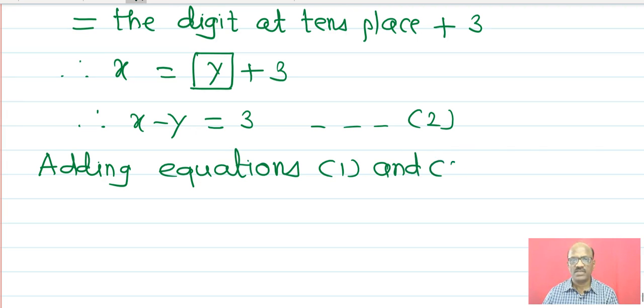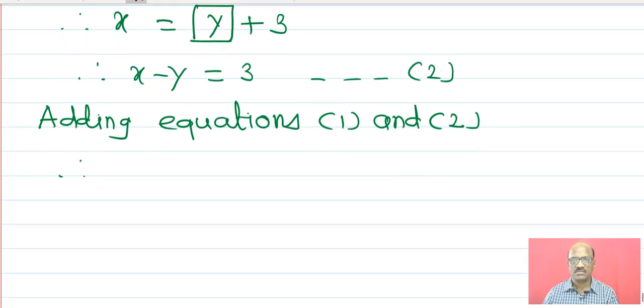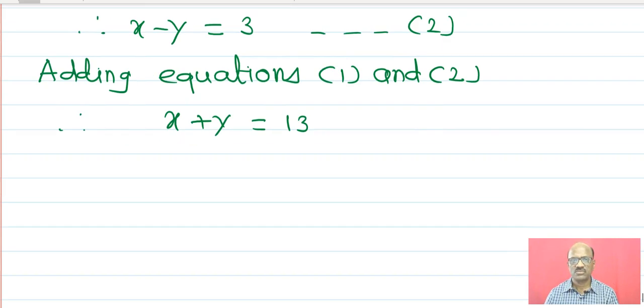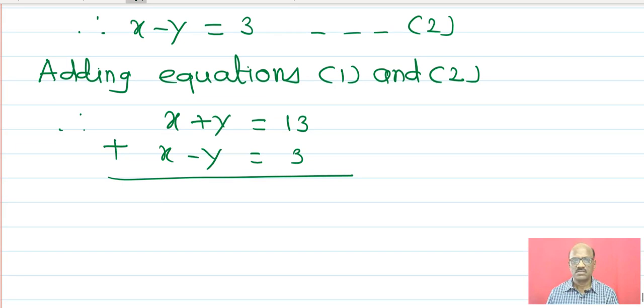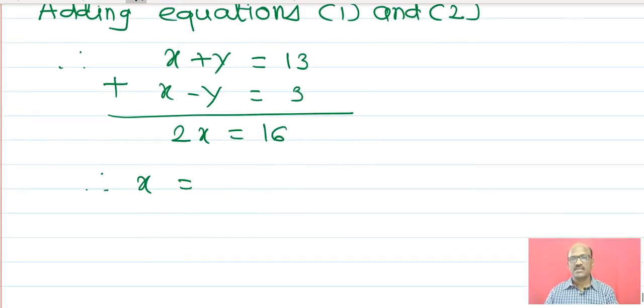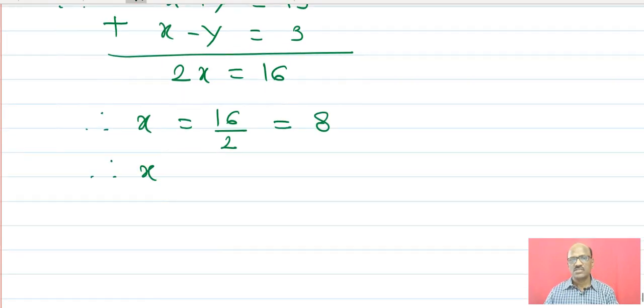That is equation 1 plus 2. x plus y is equals to 13 and x minus y is equals to 3. Plus y minus y get cancelled. 13 plus 3 is 16, therefore x is equals to 16 upon 2, therefore x is equals to 8.